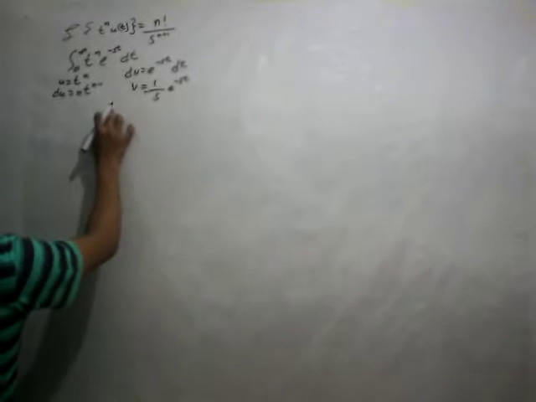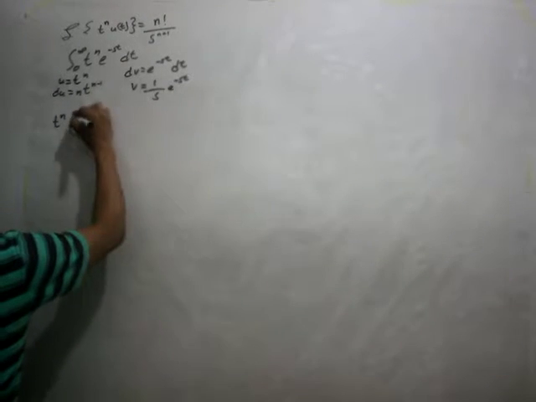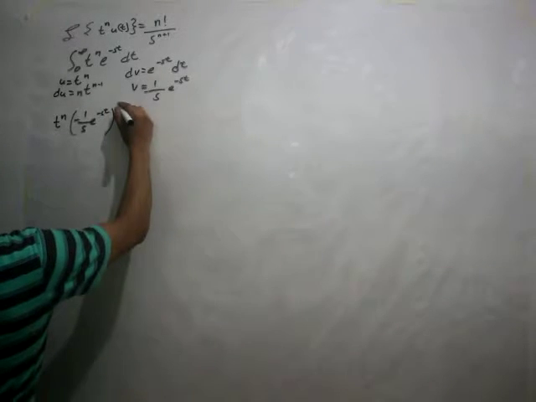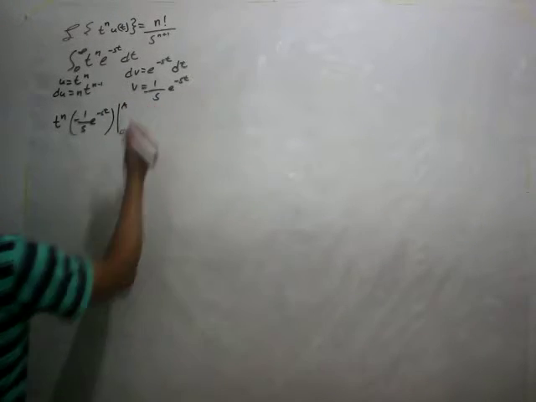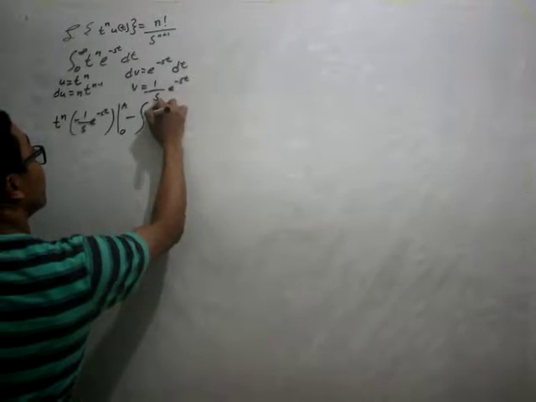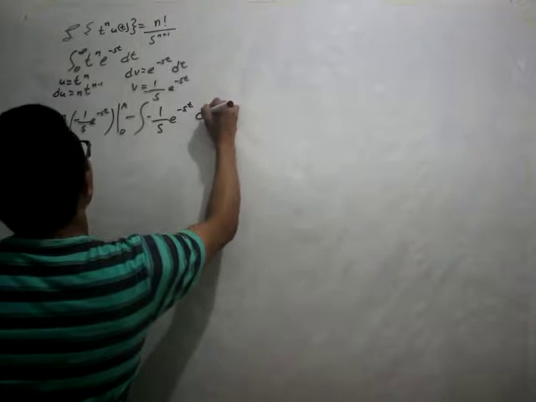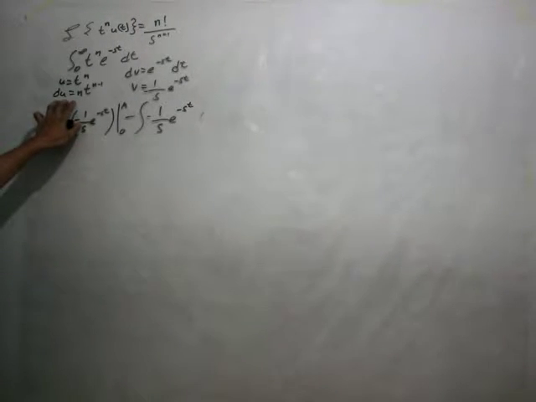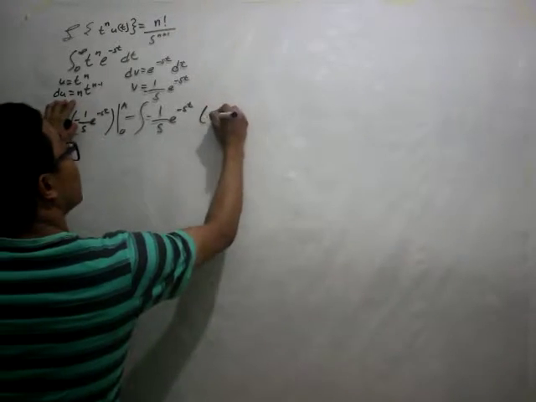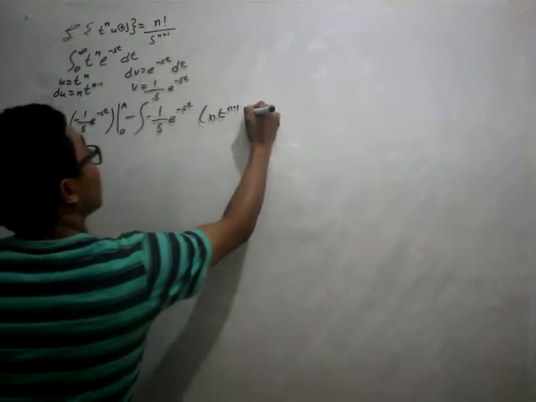So substitute it. Our u is t raised to n times our v, negative 1 over s times e raised to negative st, evaluated from 0 to a, where a is a very large number, minus the integral of negative 1 over s times e raised to negative st, times our du, which is n t raised to n minus 1 dt.